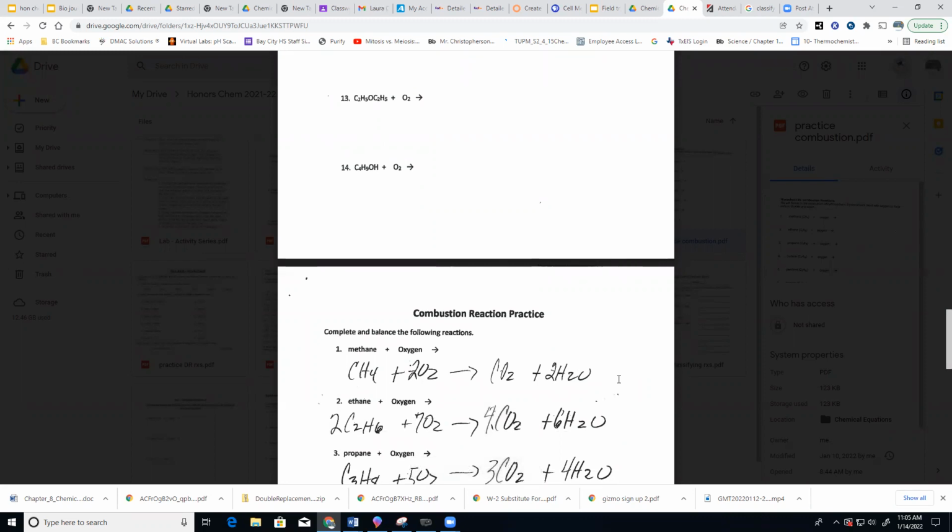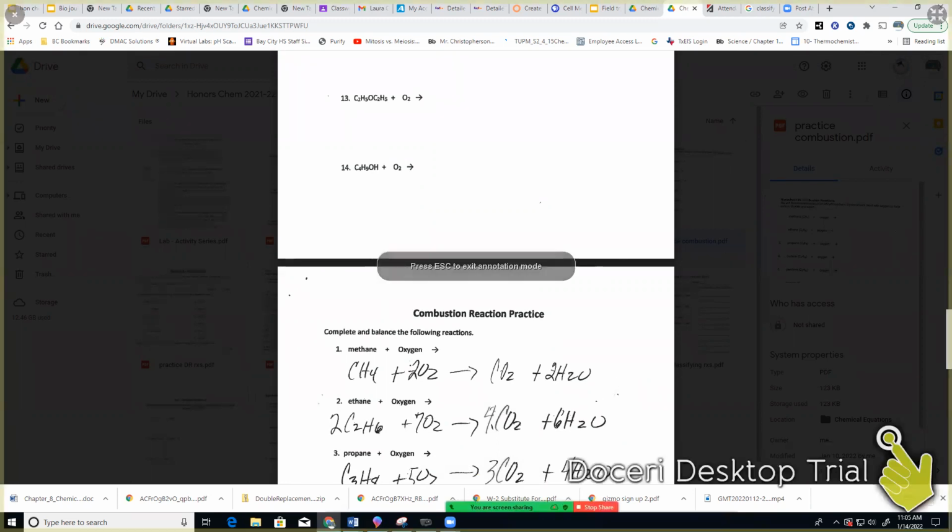All right. I have a hydrocarbon, but it has that oxygen in it. It's going to make it a little bit more difficult. It's going to give me CO2 plus H2O. All right, I'm just going to run a little tally: carbon, hydrogen, oxygen, carbon, hydrogen, and oxygen. And that's always where I'm going to start, see where I'm at.